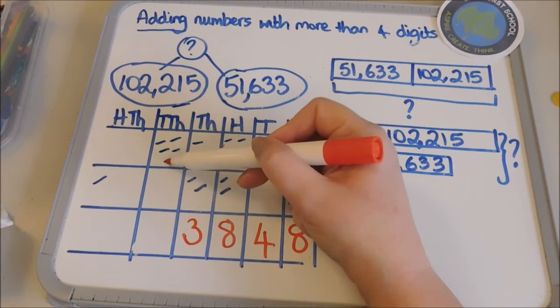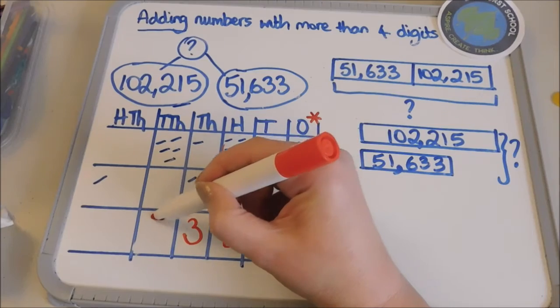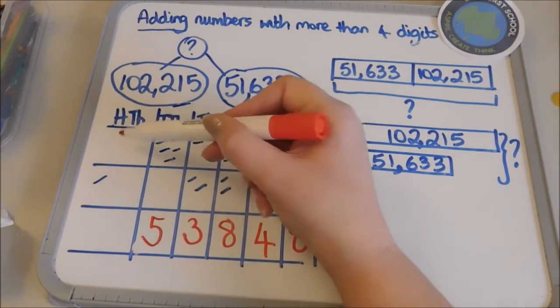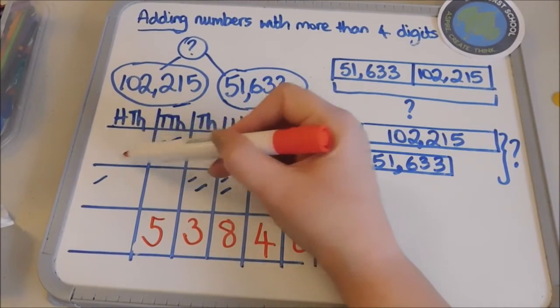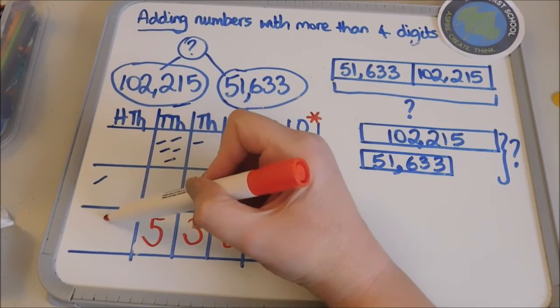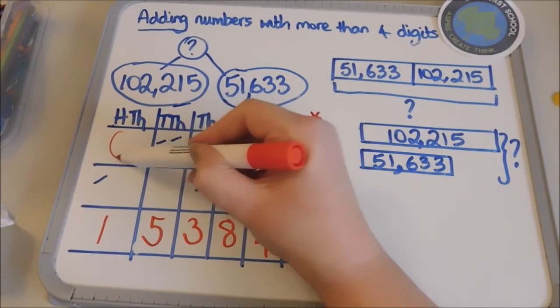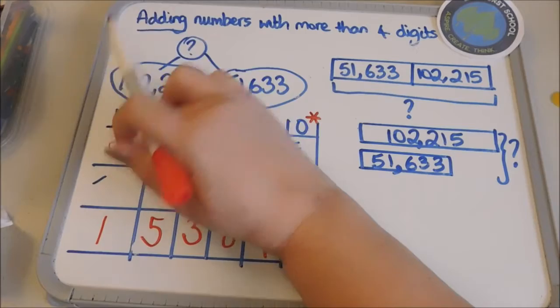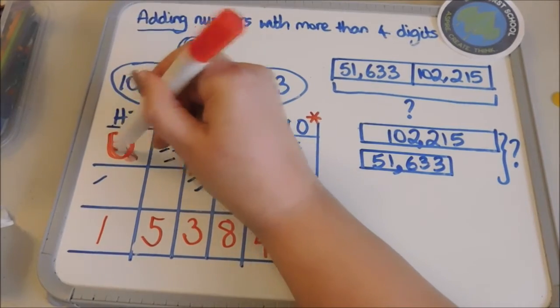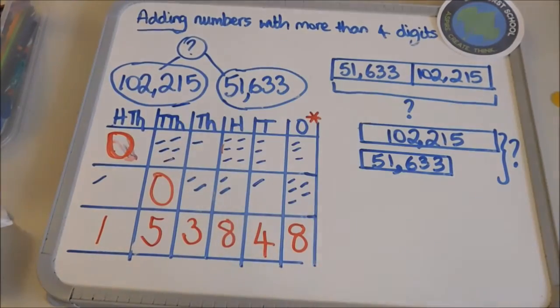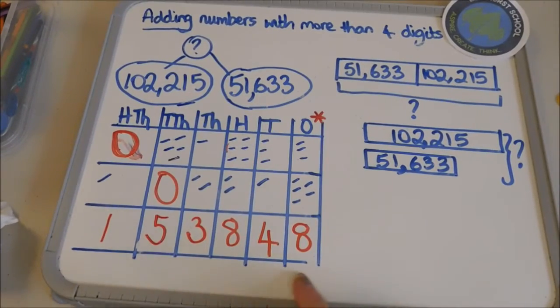So 5 add nothing is 5. And then I've got nothing here. Add 1 is 1. Now, if it helps, you can get the children to put in placeholders of zeros, if that helps them. Okay, all right. So now we can see I've got my answer.